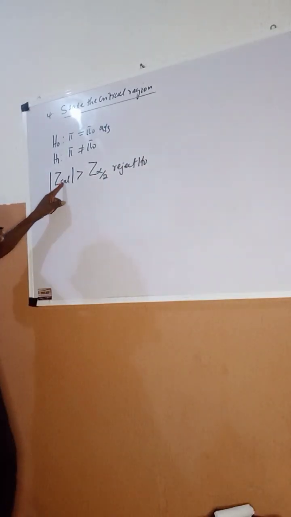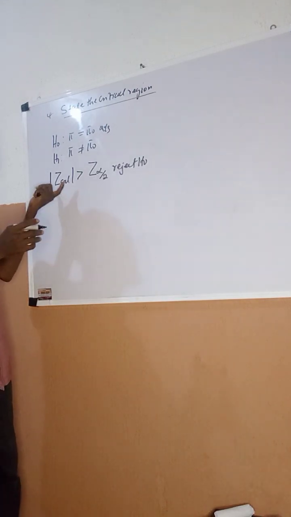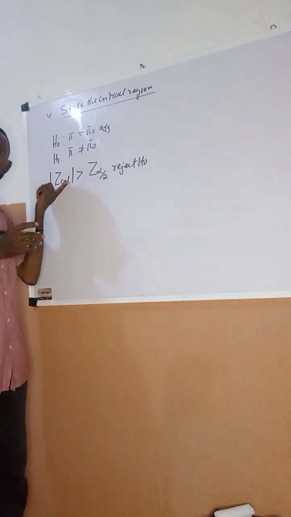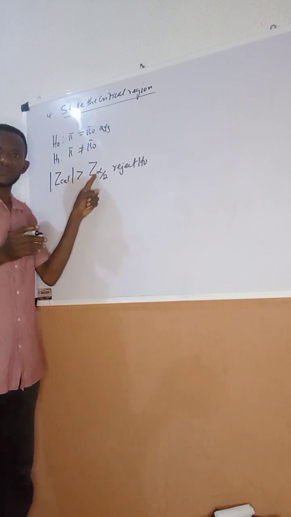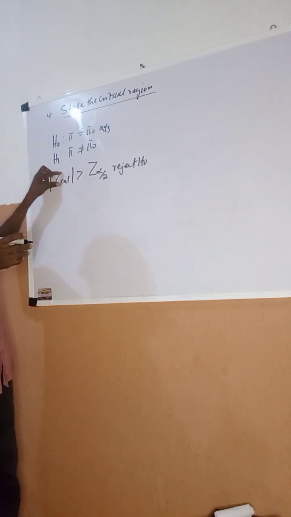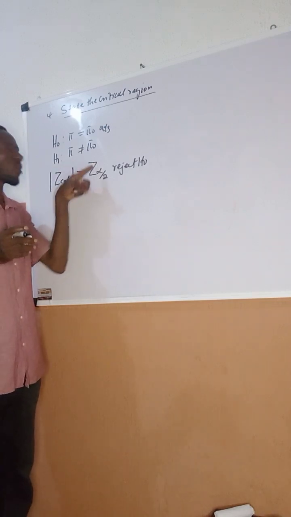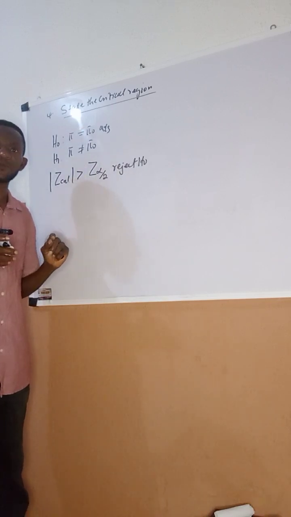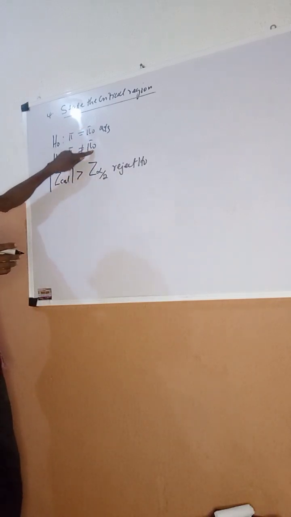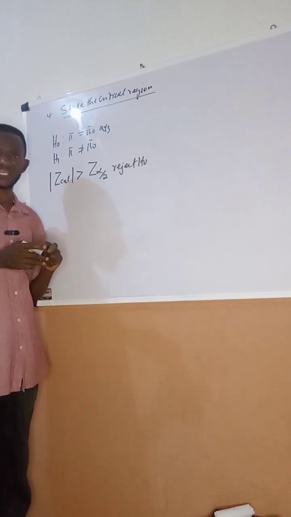Therefore, when we calculate the value of our test statistic, we obtain its absolute value and compare it with the z tabulated. When this absolute value of z cal is greater than the z tabulated of alpha over 2, we reject the null hypothesis, only when the alternative hypothesis is in the form of a two-tailed test.